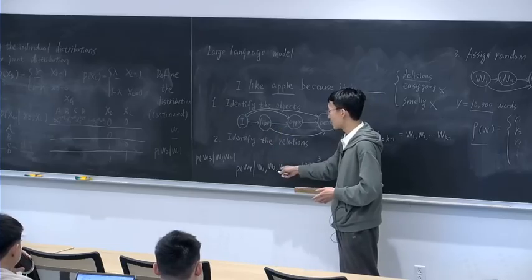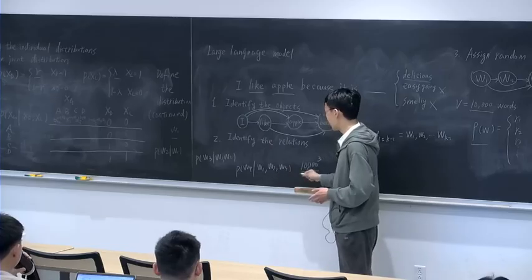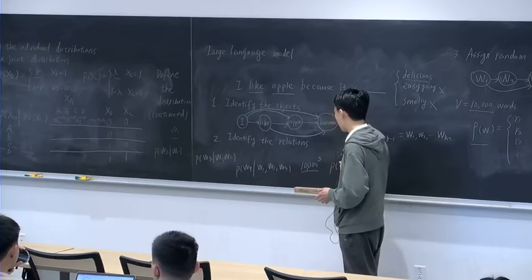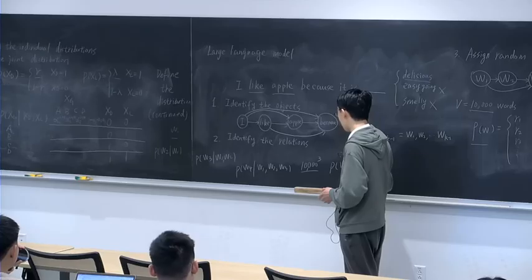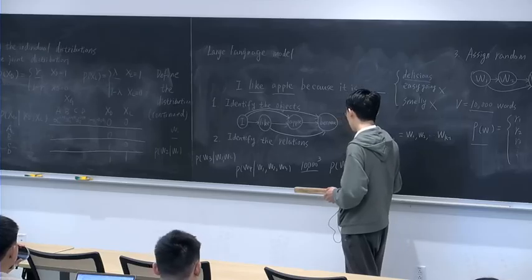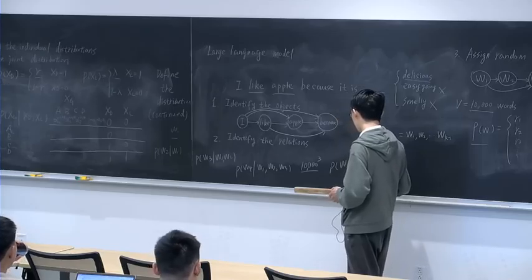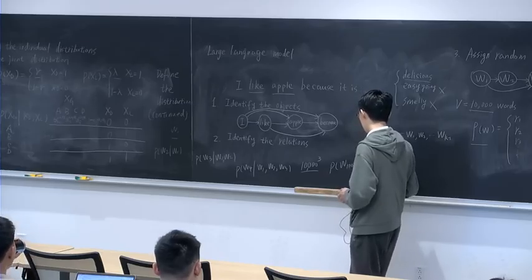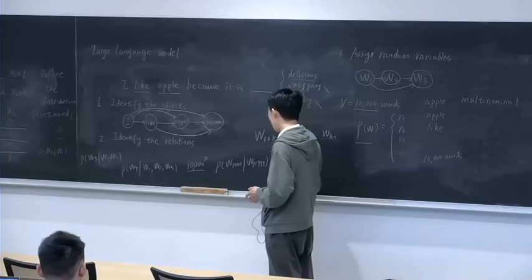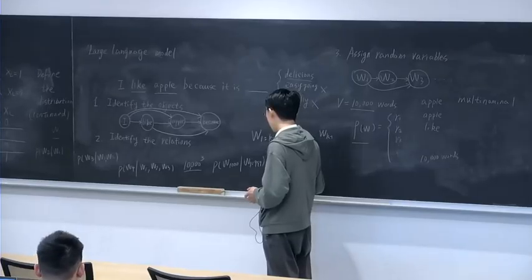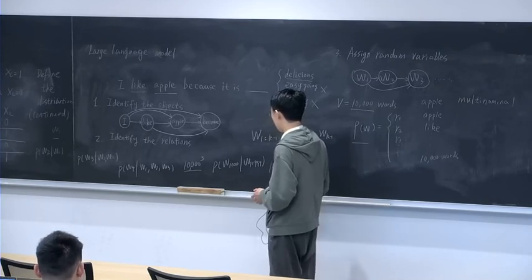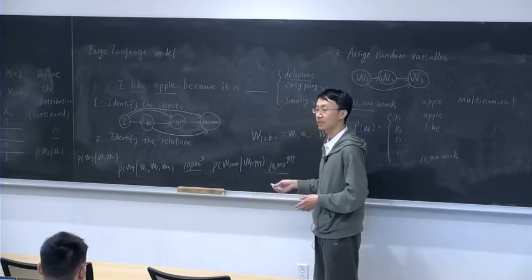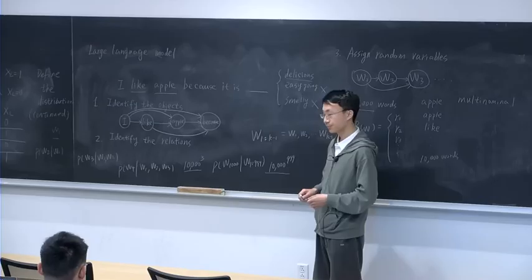And even worse, when you define, say, P(W1000) conditioned on W1 through W999, you basically need 10,000 to the power of 999 to define that table. This is not feasible, right?